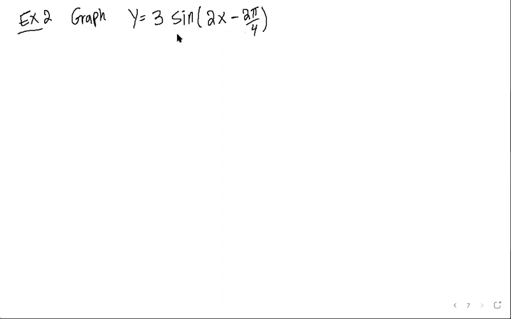So first step, we have to make this one in the form y equals a sine k times (x minus b). This means the coefficient of x must be equal to 1.